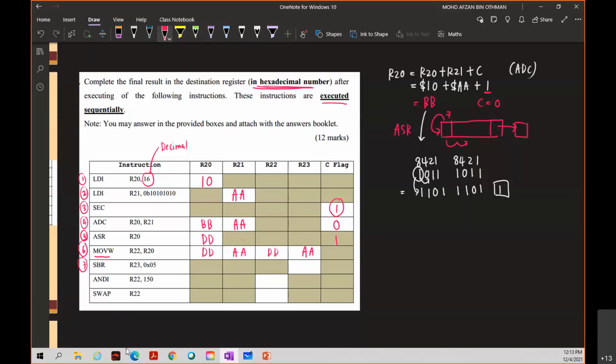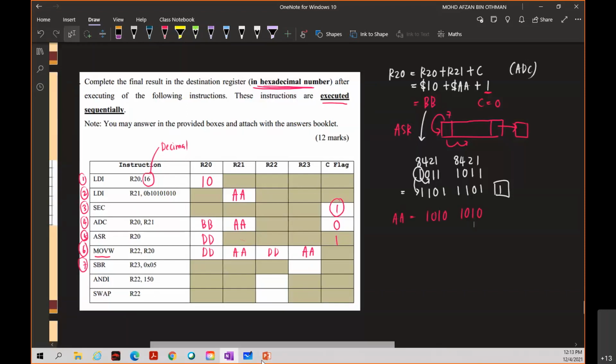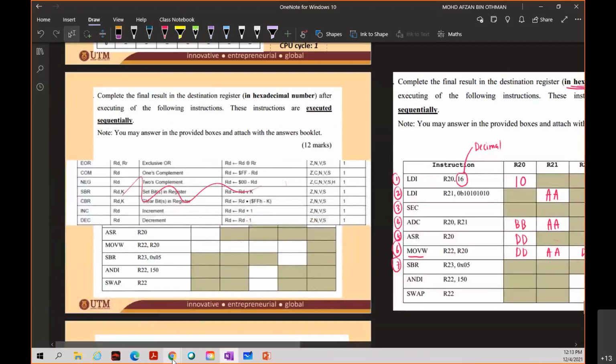Your current register R23 value is AA. So AA is actually 1010 1010. If you refer to the instruction set summary, this SBR does this thing here.